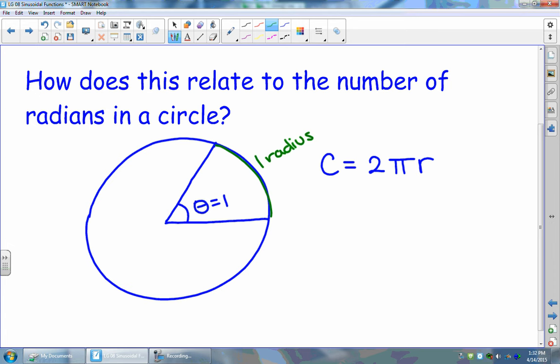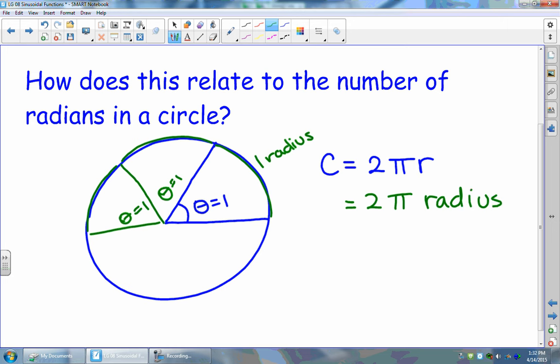Therefore, if we continue along the circumference of the circle in the same manner, how many radians do you think we'll be able to put into a full circle? Well, we know that 2 pi radiuses, or radii, fit into a circumference.